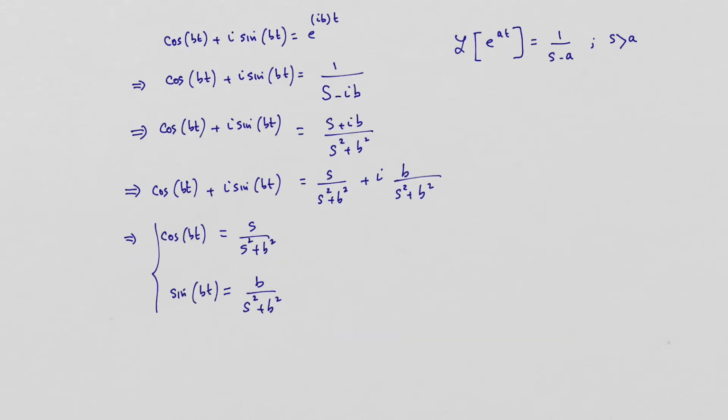So I want to use Laplace transform of e to the ibt, right? And we know how to do it. Let me write it down. So Laplace transform of e to the ibt has to be 1 over s minus the coefficient of t.